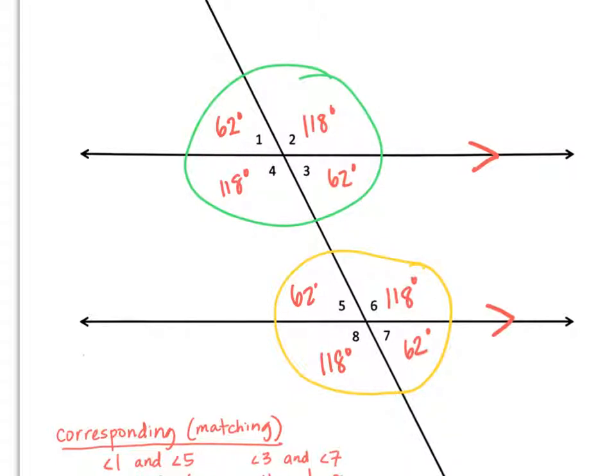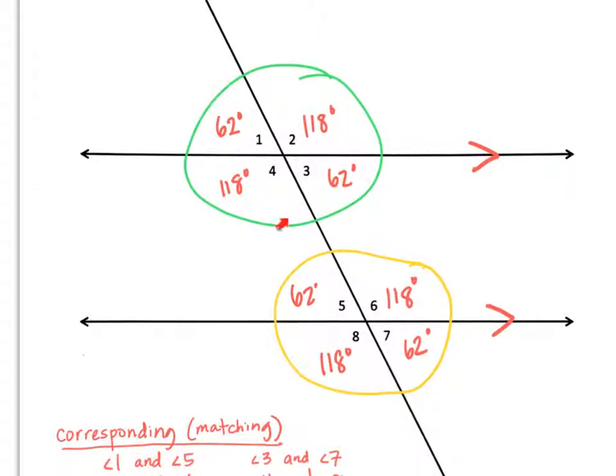So if I have this line and this line, what's inside of those two lines? Well, 3 and 4 are inside, and 5 and 6 are inside. So 3, 4, 5, and 6 are all inside. If I picked angle 4, then on the opposite side, that's going to be angle 6.